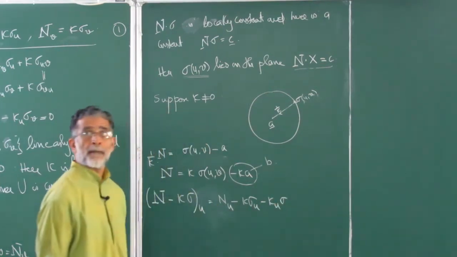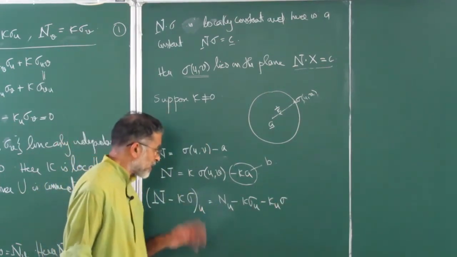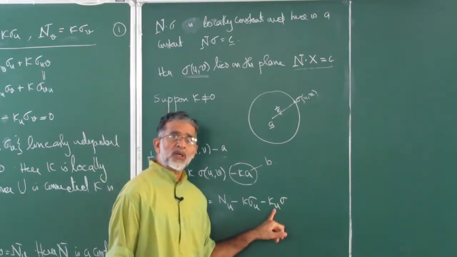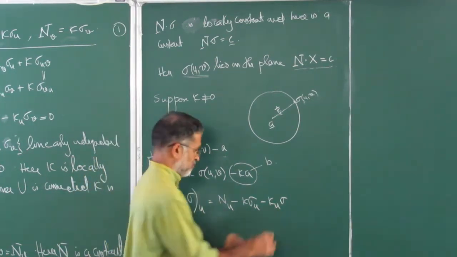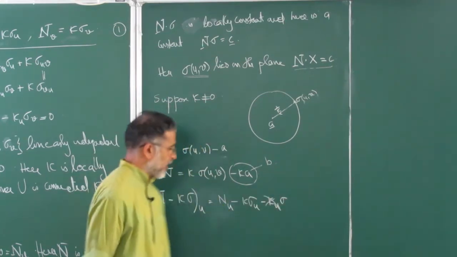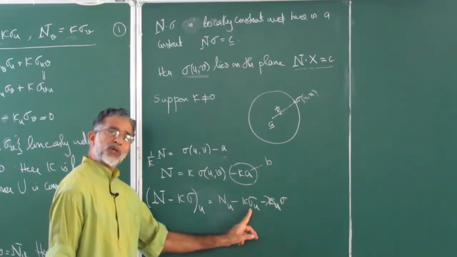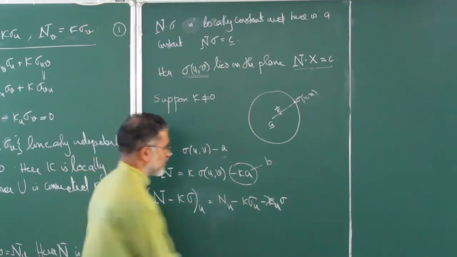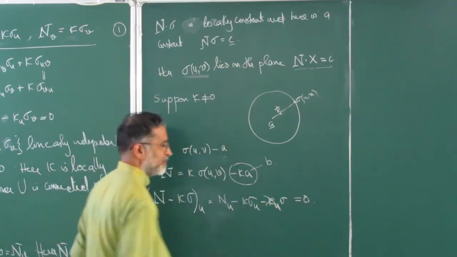But remember, now it is easy. Yes, now I can see what is happening. Kappa u is 0 because kappa is a constant. So this goes. But we already know nu is equal to kappa sigma u. That we have already proved. So therefore this is equal to 0.